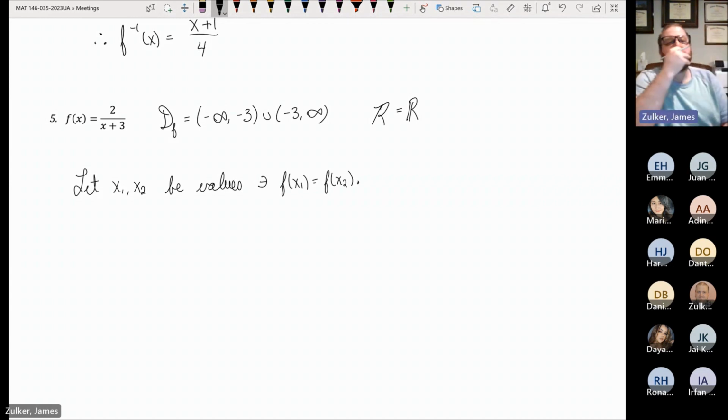All right, so first we're going to show that it's 1-to-1. So we pick two arbitrary values, x1 and x2, and say that f of x1 is equal to f of x2.